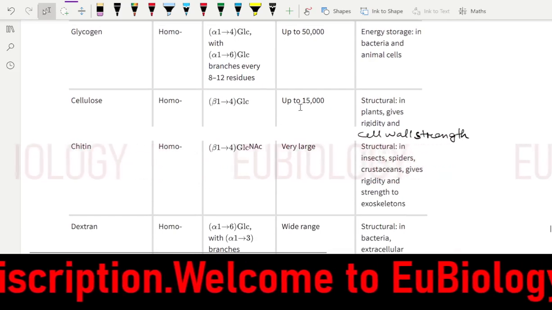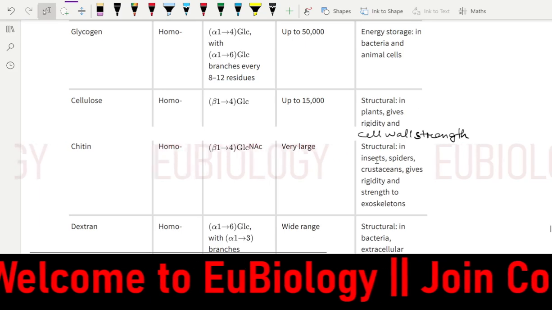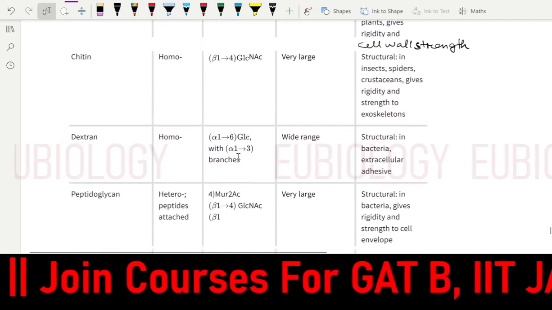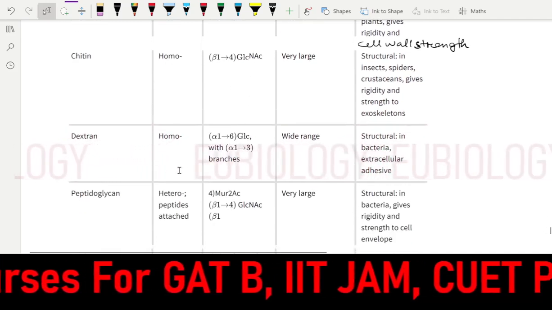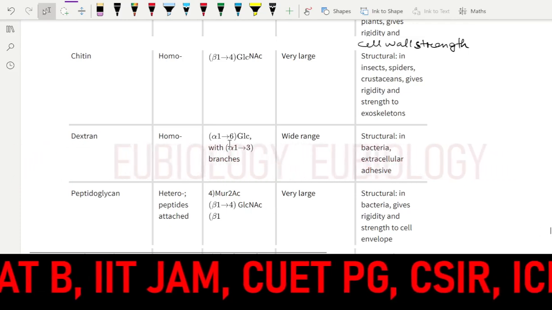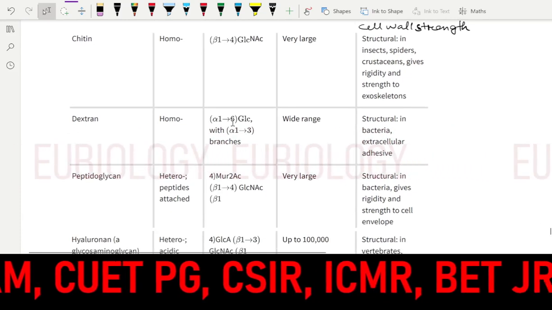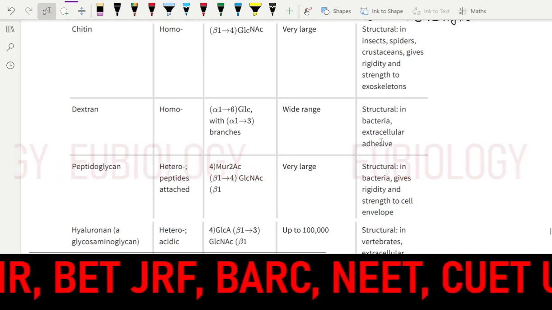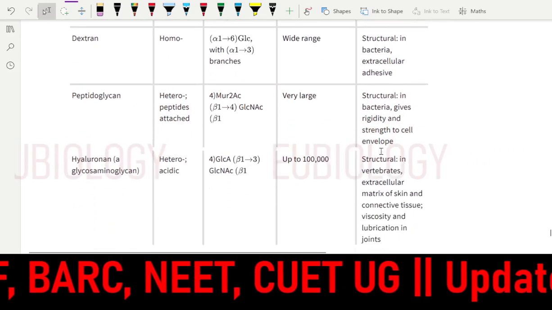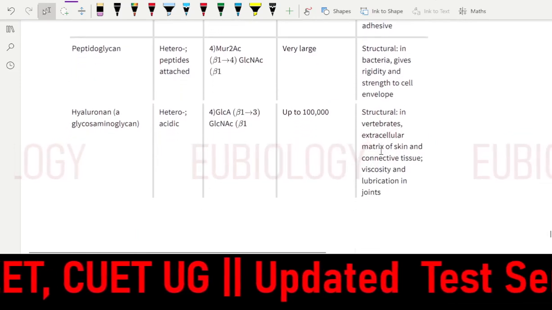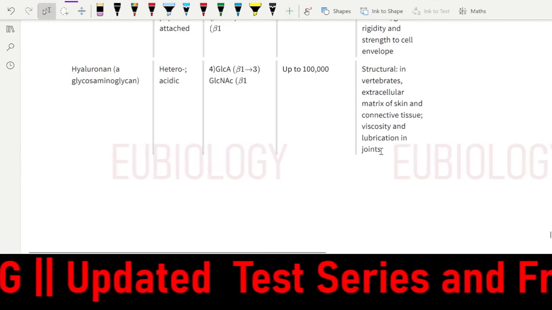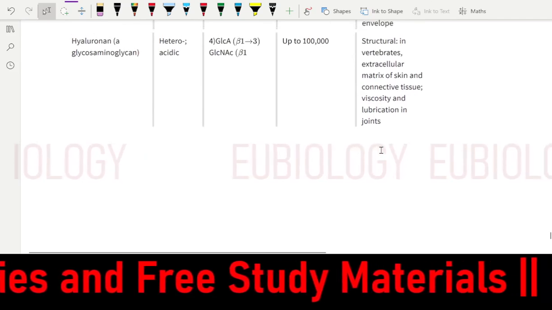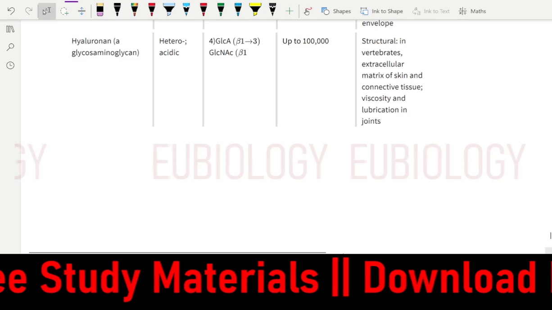Cellulose and chitin are structural units, with a beta 1,4 glycosidic bond, and N-acetyl glucosamine will be there. Then dextran, a homopolysaccharide, alpha 1,6 glycosidic bond with alpha 1,3 branches. It is structural in bacteria and extracellular adhesive. Peptidoglycan, as you saw, hyaluronan, as you saw, GAG, beta 1,3 and beta 1,4.